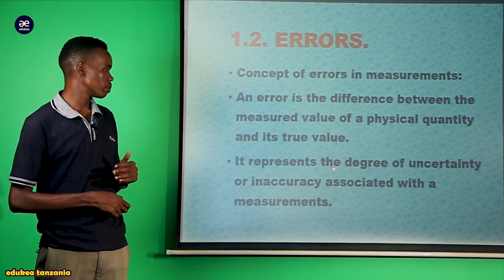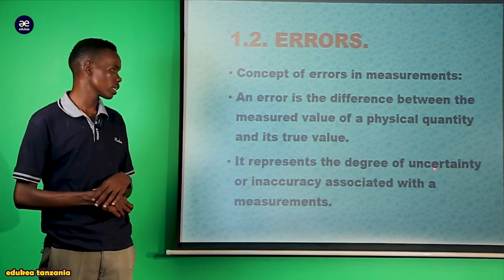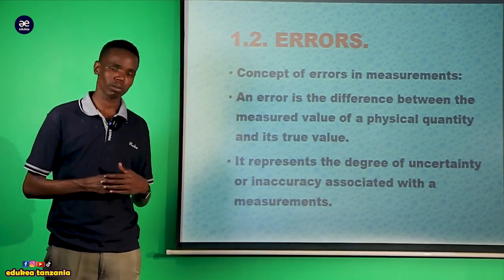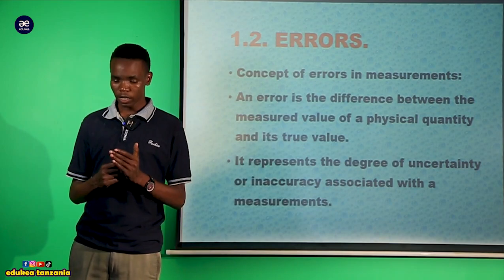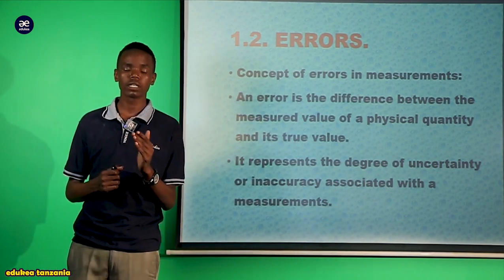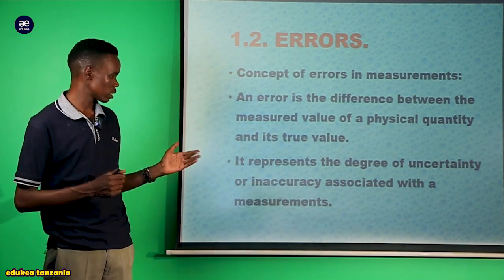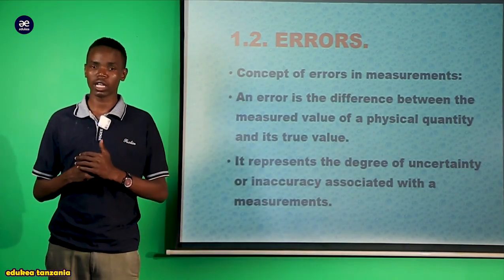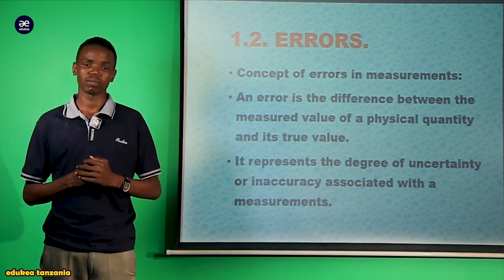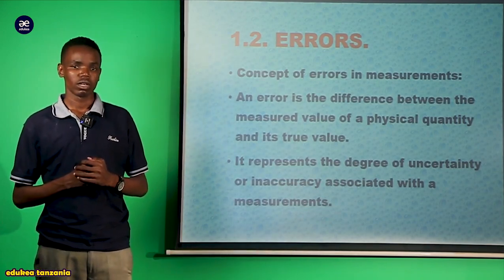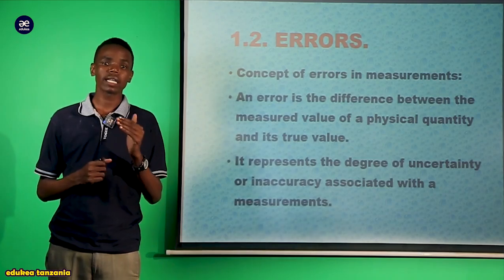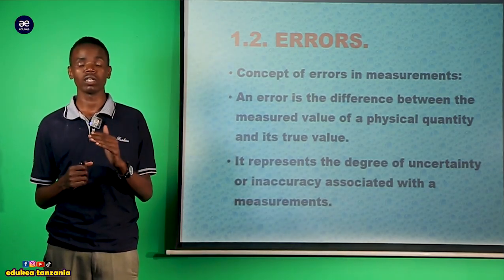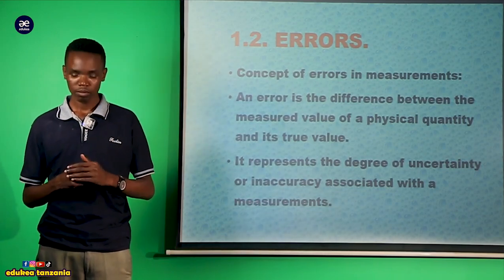And it represents the degree of uncertainty or inaccuracy associated with a measurement. Always, these errors give uncertain and inaccurate data during the measurements. Inakuwa inatupatia data ambazo sio za uhakika. That is the meaning of the value of the errors.